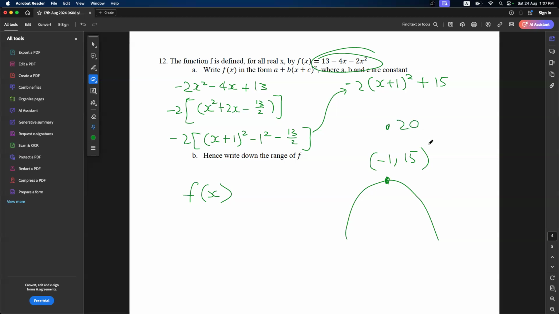No. There is a maximum point, which is 15, right? So my range is anything 15 and below, therefore represented as f(x) smaller than or equals to 15. This is your range.